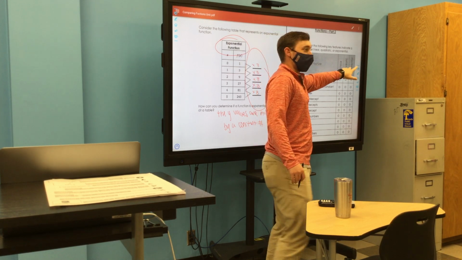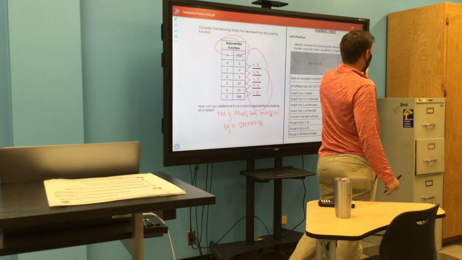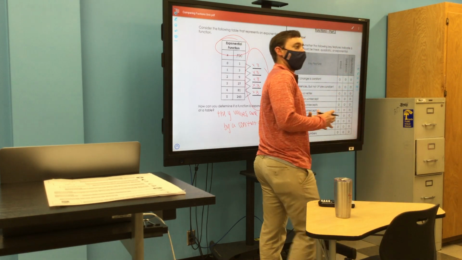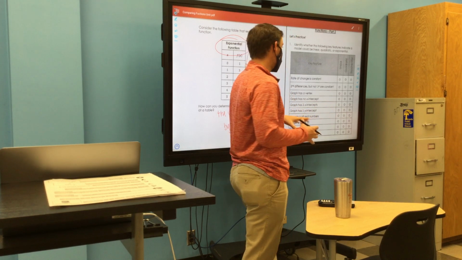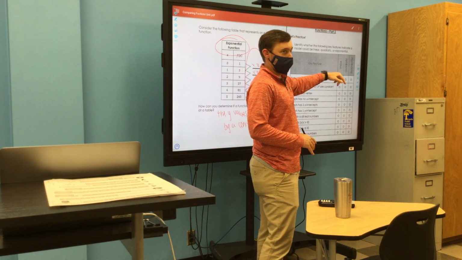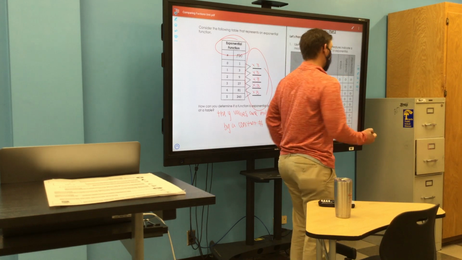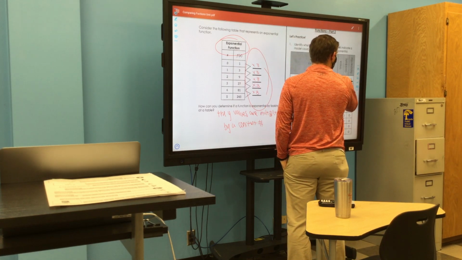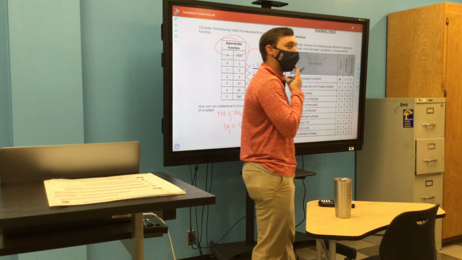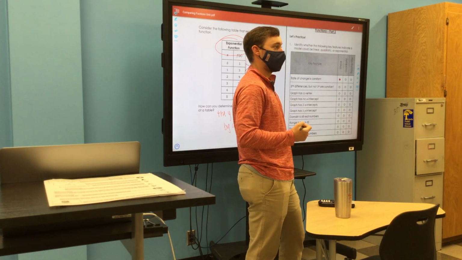Alright. We got 3 different options: linear, quadratic, exponential. We're trying to say which one of these matches what's going on. Rate of change is constant. Is linear's rate of change constant? Yes. Is that the only one? Yes. Okay, linear is the only one that can have a constant rate of change.